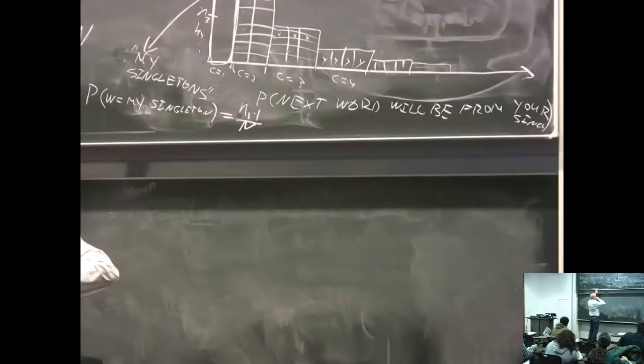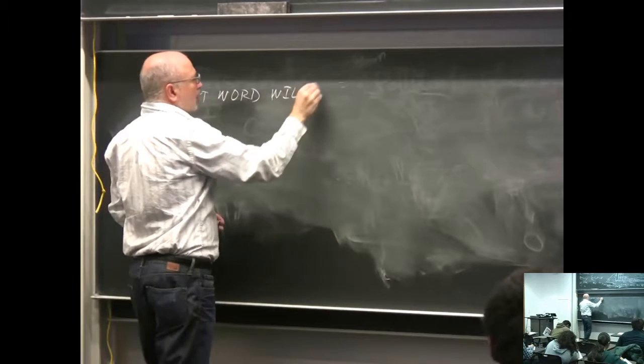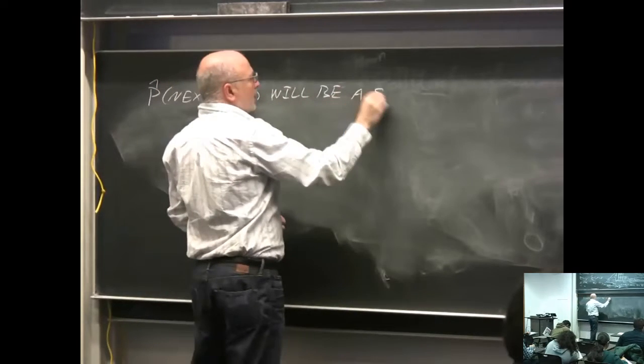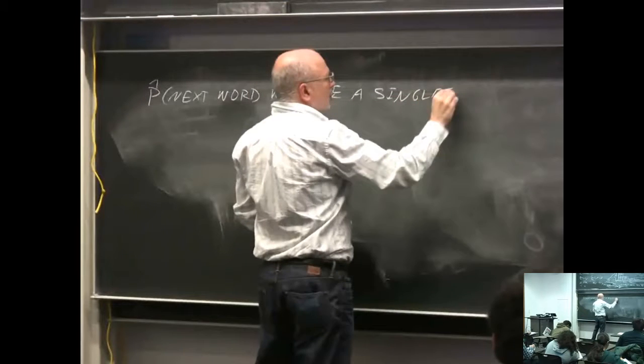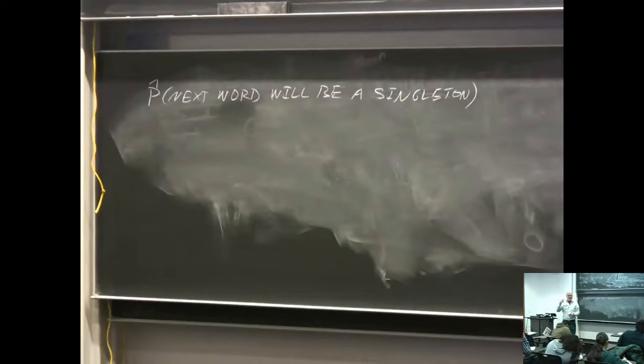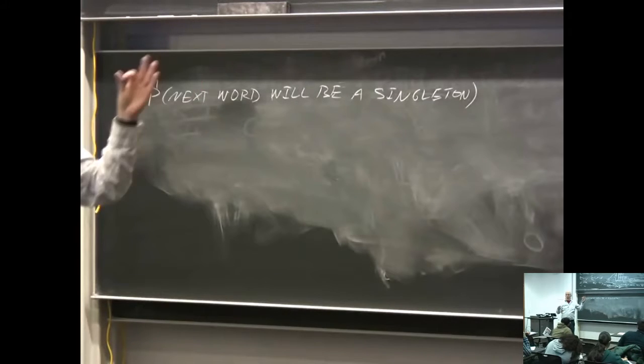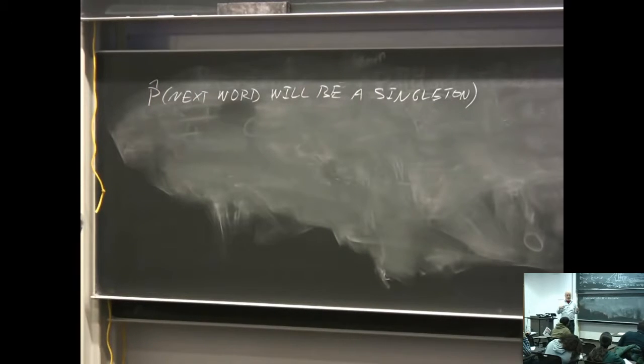the logic of it. We want to estimate the probability that the next word will be a singleton. So we imagine that the corpus was collected one word at a time, all coming from the same original distribution that's fixed, unknown to us, but the individual words were collected independently of each other.